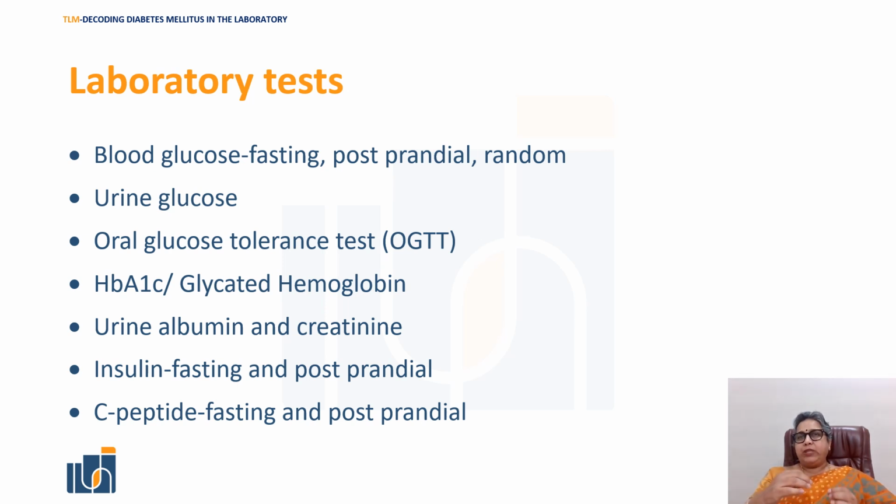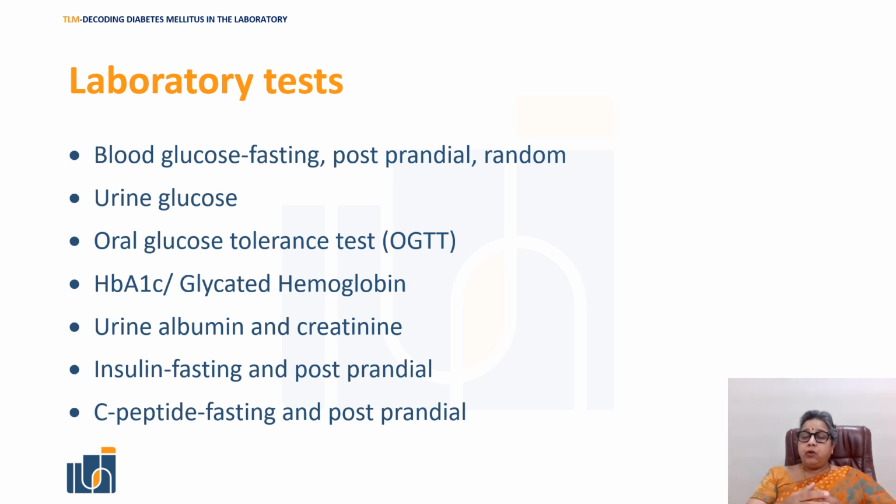And one test which has now become almost synonymous with the diagnosis of diabetes is the glycated hemoglobin or HbA1c. Urine albumin, urine creatinine, albumin creatinine ratio, and also a little more specialized tests like insulin fasting, insulin postprandial, C-peptide fasting, C-peptide postprandial. So these are important tests in the diagnosis of diabetes.